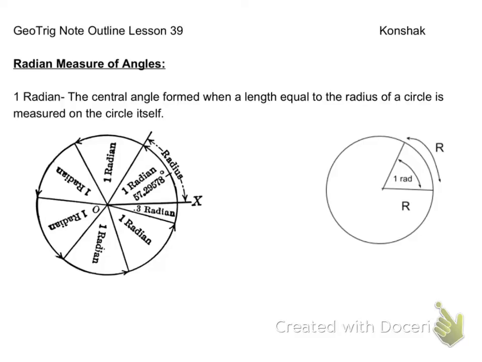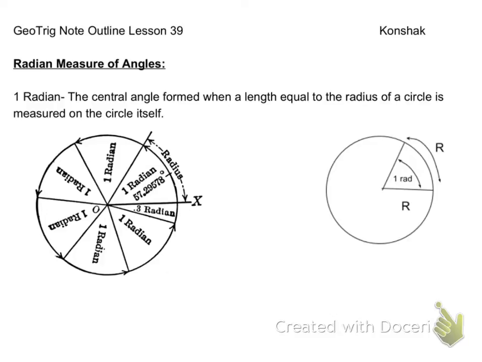So therefore, on a full circle, you have 1, 2, 3, 4, 5, 6 full radians, and a little bit of leftover, which is about 0.3 or 0.28. All the way around a circle is 6.28 or 6.3 radians. Okay?